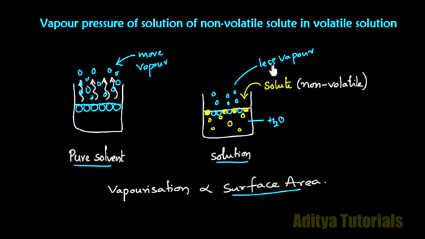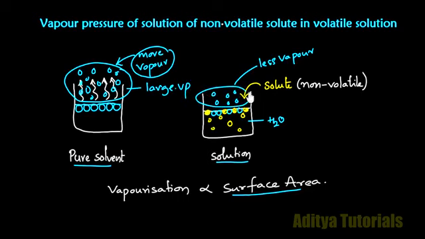The only reason for this is that in this compartment we have less surface area for the liquid and it gets less evaporated. But in this case there is a greater number of molecules at the surface, greater surface area, greater will be the evaporation. We know that greater the vapor molecules, greater will be the vapor pressure. It means that these molecules, being large in number, produce large vapor pressure.